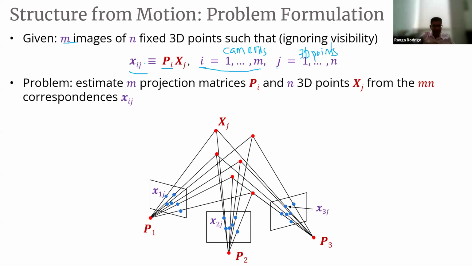Problem: estimate the m projection matrices Pi and n 3D points Xj from the mn correspondences xij. This is the problem. So you can see a diagram also. If you take the jth point, you can see small x1j, small x2j, small x3j.